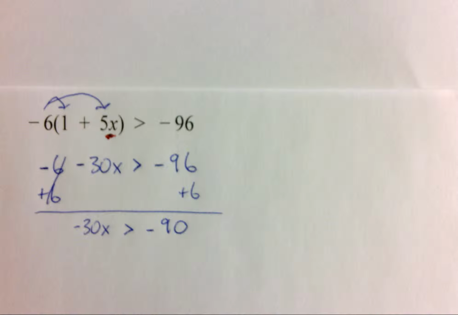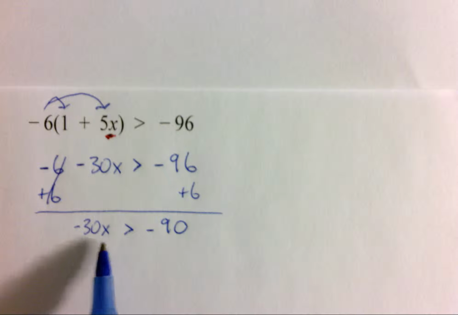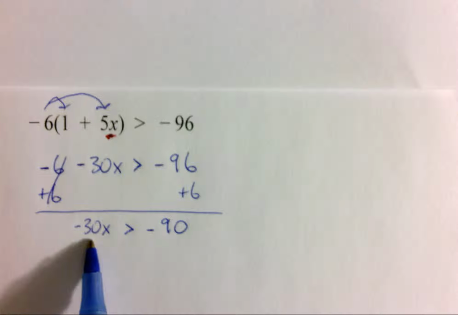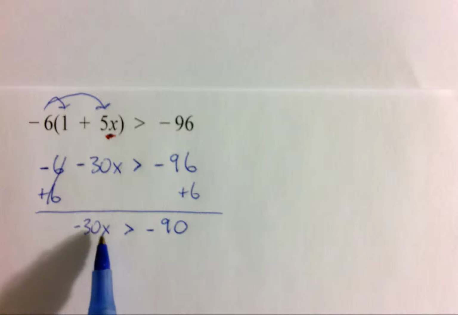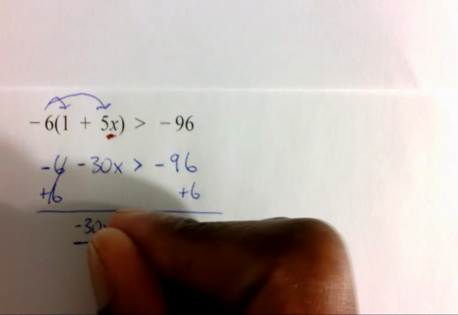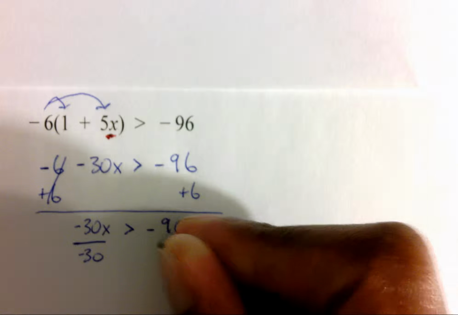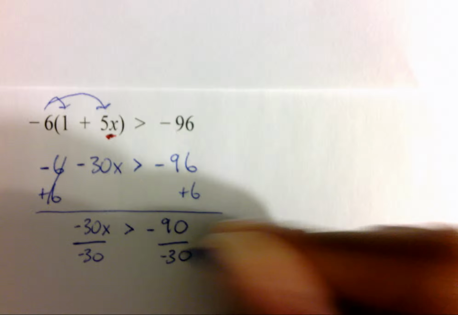Now, my last step, I see that x is being multiplied by negative 30. Okay, so in order to undo multiplication by negative 30 to get the x by itself, I'm going to divide both sides by negative 30.